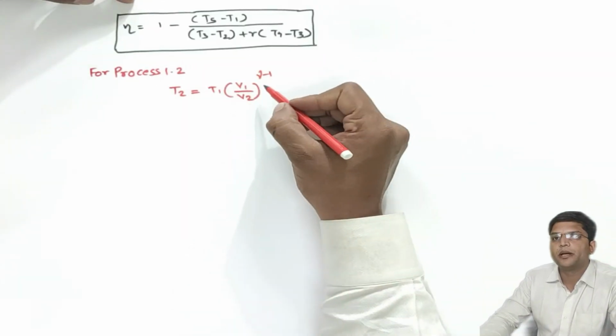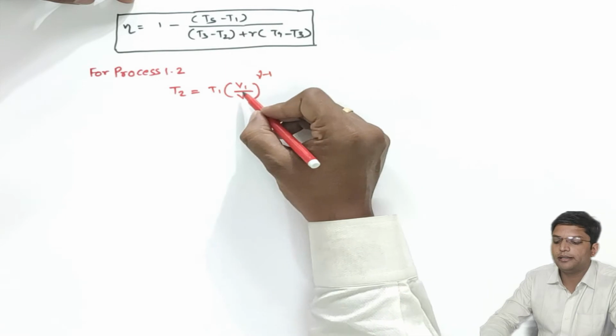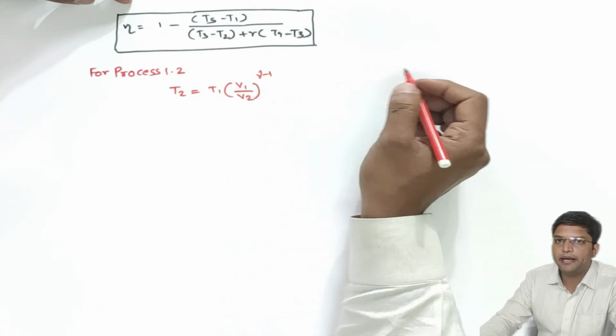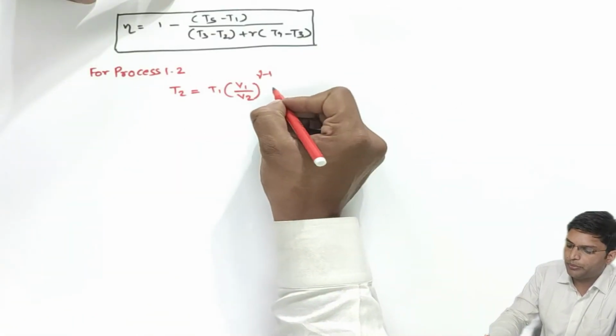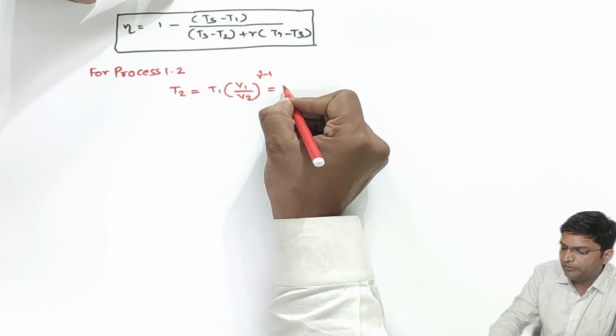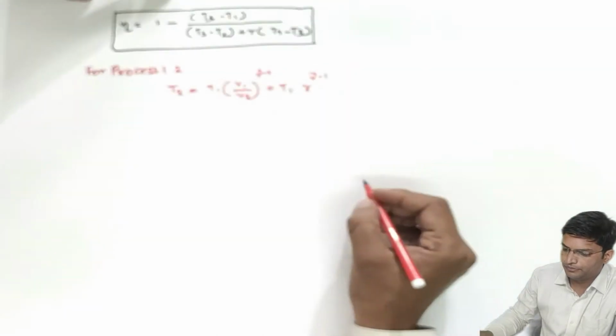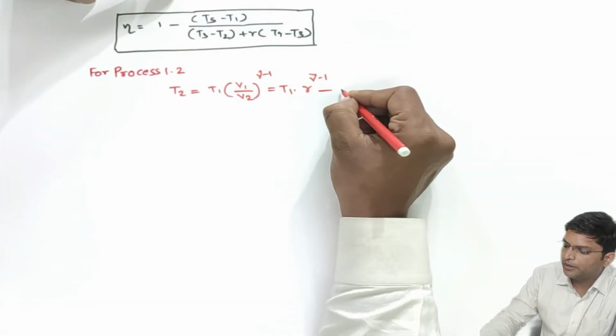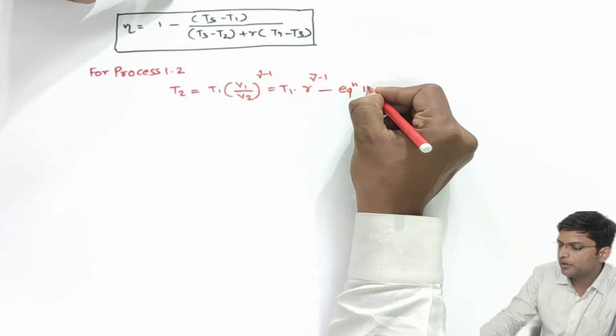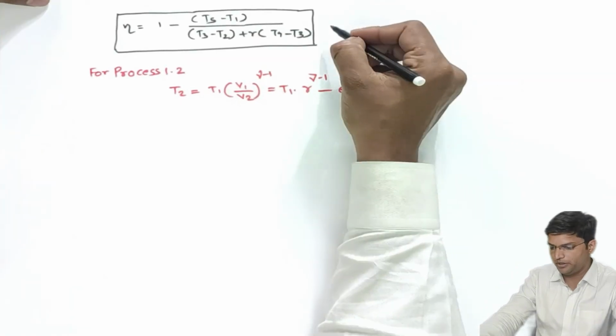Now we know V1 upon V2 is called the compression ratio, which is denoted by small r. Now we will put this value: T2 is equal to T1 times r raised to gamma minus 1. We will call this equation 1.